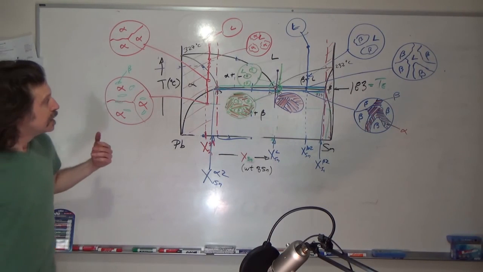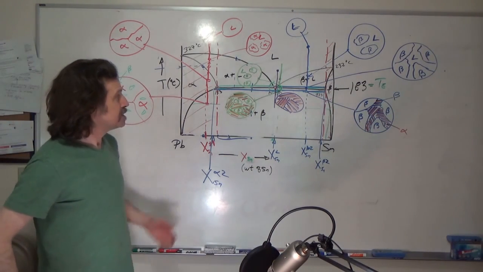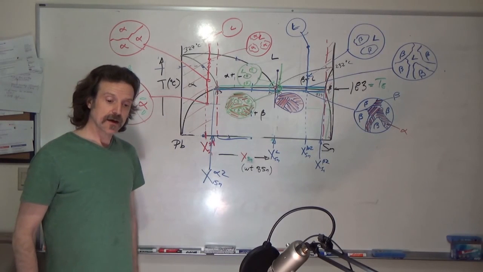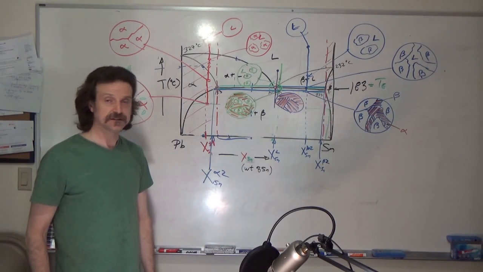So this is the basics of a binary eutectic phase diagram.